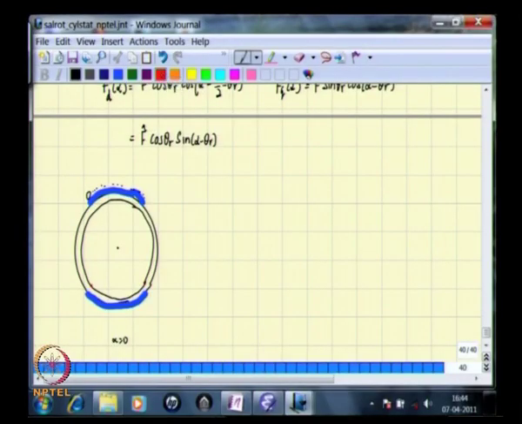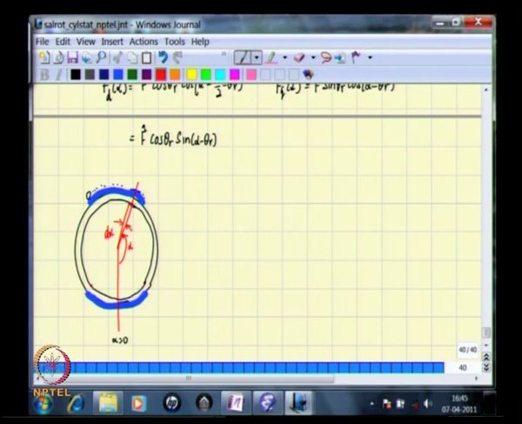Now, let us say that this is your angle alpha equal to 0. Let us take some angle, this is some alpha, and at this angle alpha let us consider a small differential angle d alpha, that differential angle is d alpha.